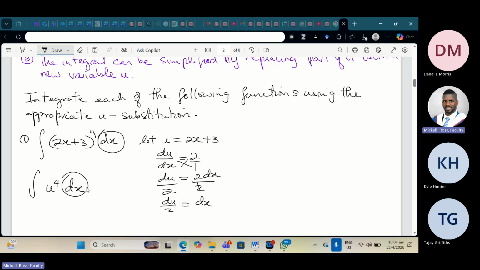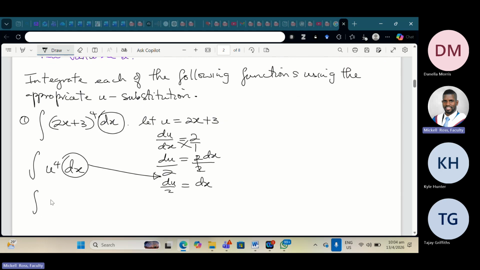So what is dx? dx is du over 2. So instead of writing dx, we're now going to write du over 2 because we're integrating with respect to u. So the replacement for dx is du over 2. So it is going to be the integral of u to the 4th power du over 2.